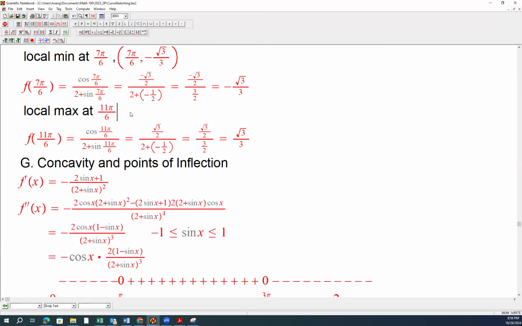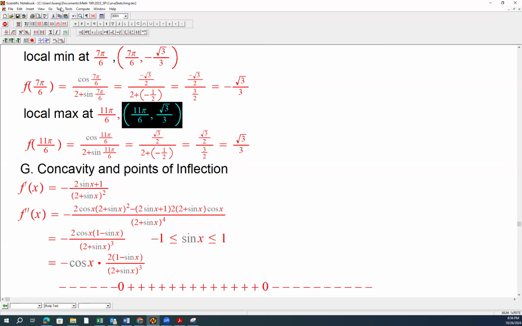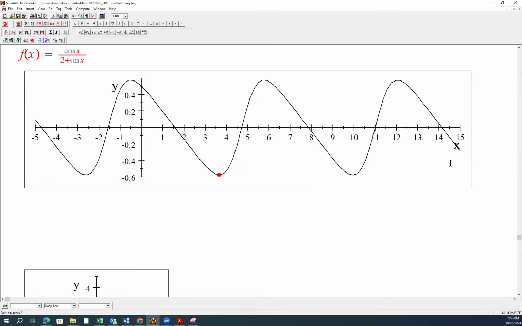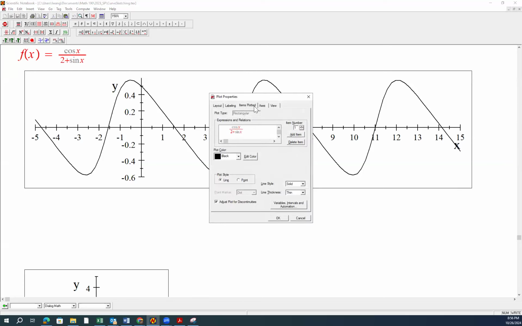Local max is at the point where we have 11 pi over 6. That's the input. The output is √3 over 3. So if I plot this point in the picture, we shall see it. Let's make it a red dot.